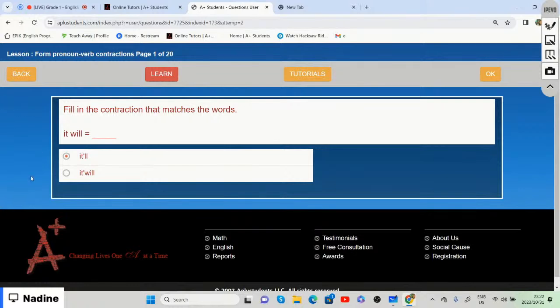So we said the first word stays the same, which is it. And then will changes because we remove the W and I, and we add the apostrophe, and the double L is over there. It'll. So yes, well done. Remember, we always need to add the apostrophe. Well done.